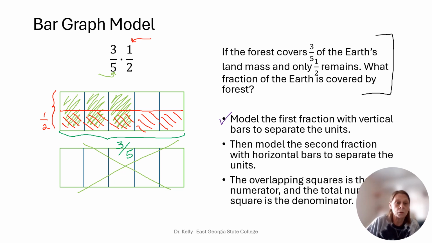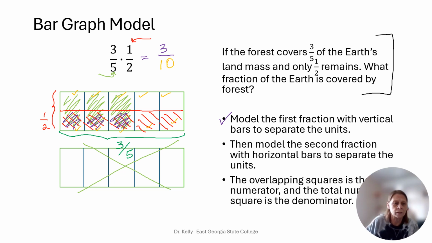So when we multiply those two together, the intersecting units become the numerator, and the total number of units, 1, 2, 3, 4, 5, 6, 7, 8, 9, 10, becomes the denominator.